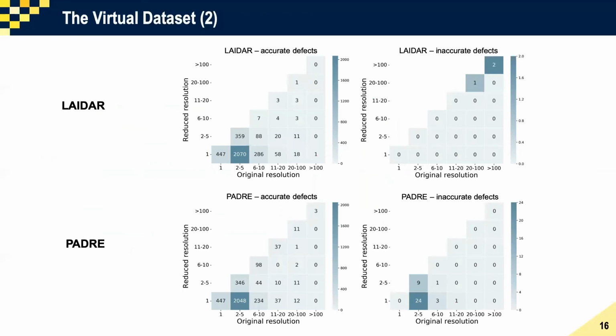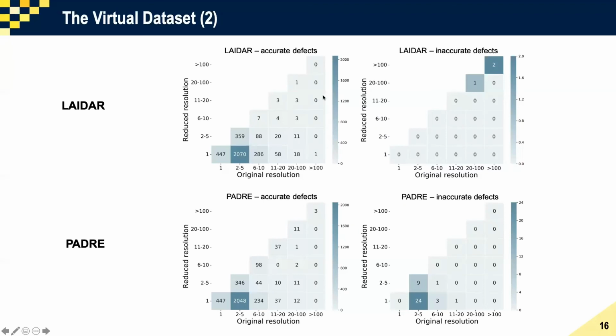These heat maps compare the number of defects with an initial resolution and an improved resolution. For each heat map, the resolution is divided into 6 bins. The diagonal elements are the number of defects without bin-wise resolution improvement, and elements below the diagonal are defects with bin-wise improvement.